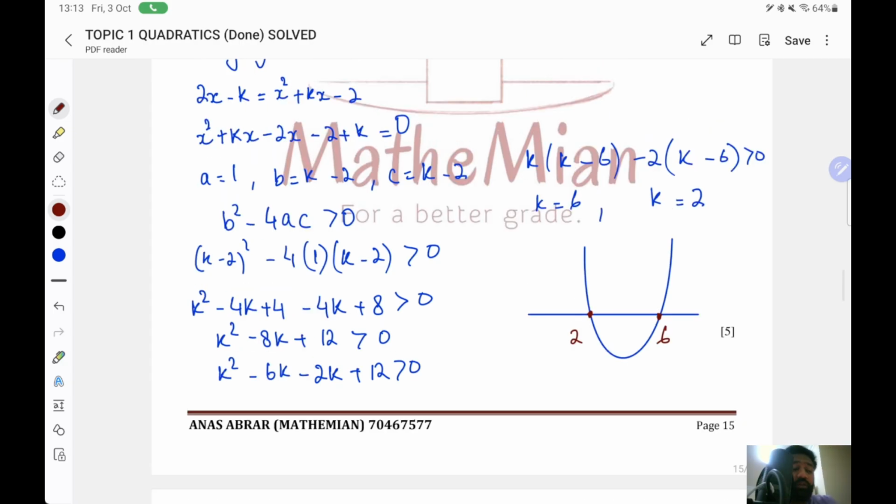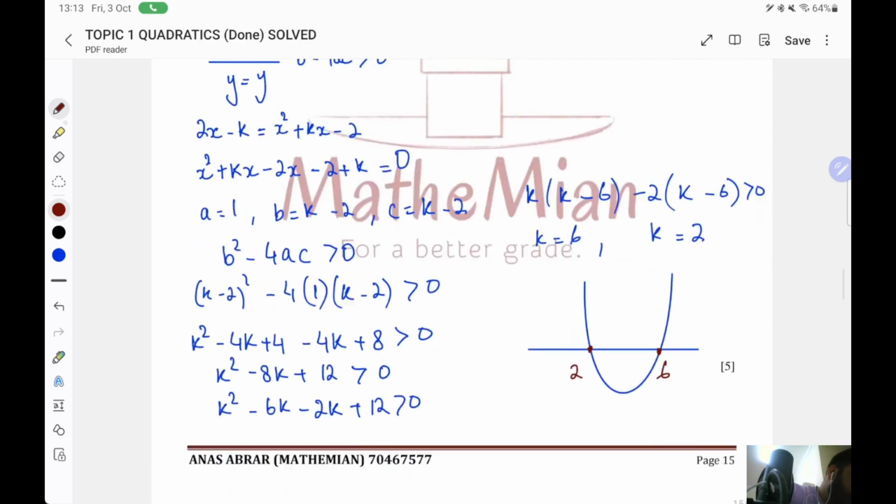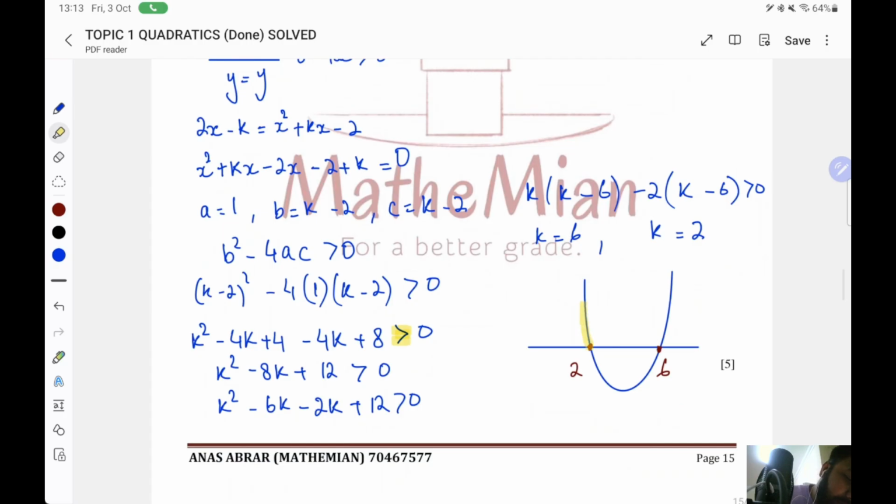After that, we need to see what the sign of inequality in the question is. The sign of inequality is greater, so we'll shade the region above the x-axis, which means we'll shade this portion of the graph. For the left hand side it will be k less than 2. This is the set of values of k, and this portion is k greater than 6.